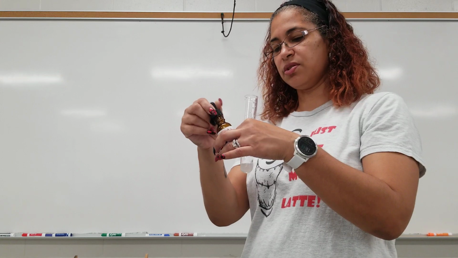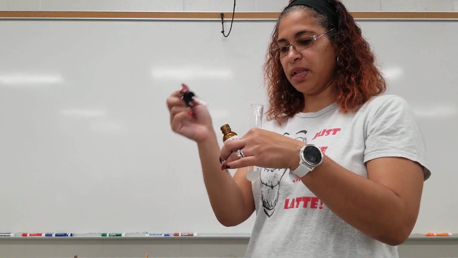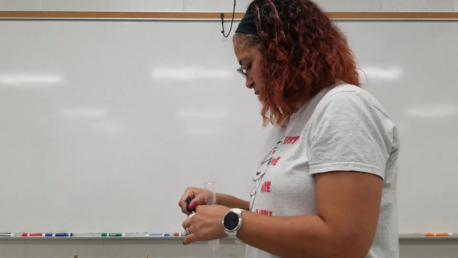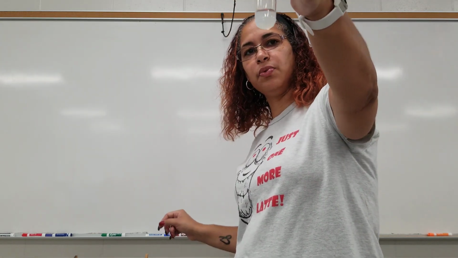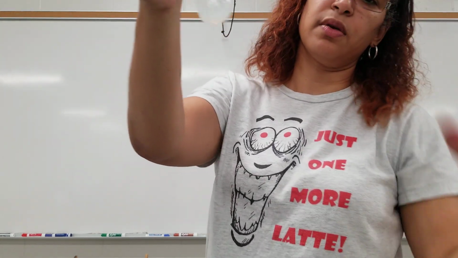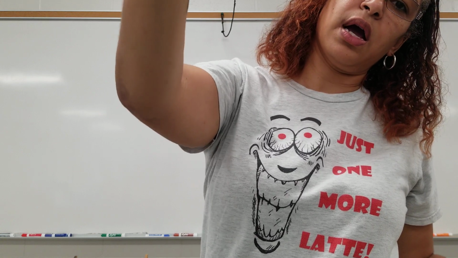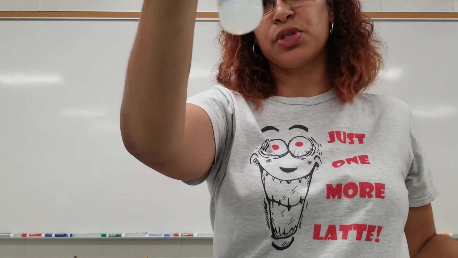The addition of the silver nitrate to water just made it a little bit cloudy, but that's okay. So now you'll see we have silver nitrate and water. It is a cloudy solution.